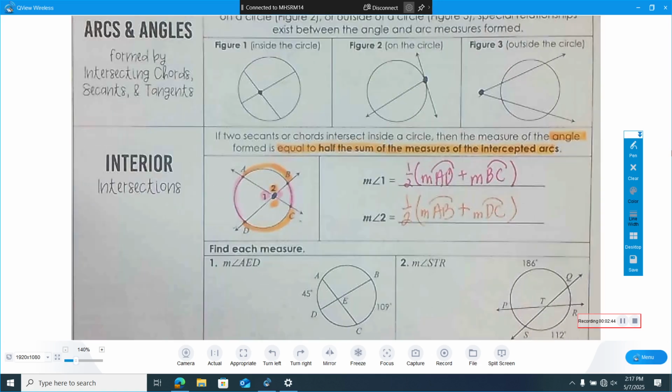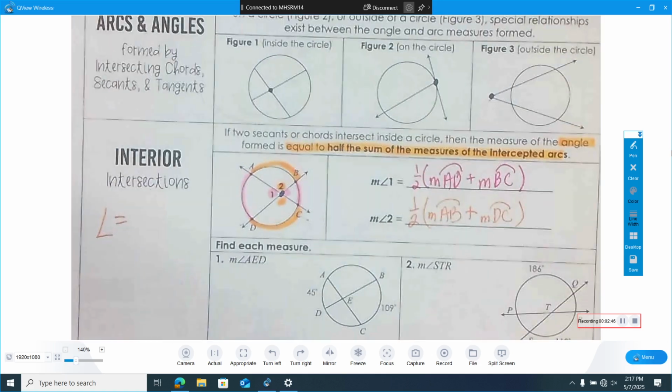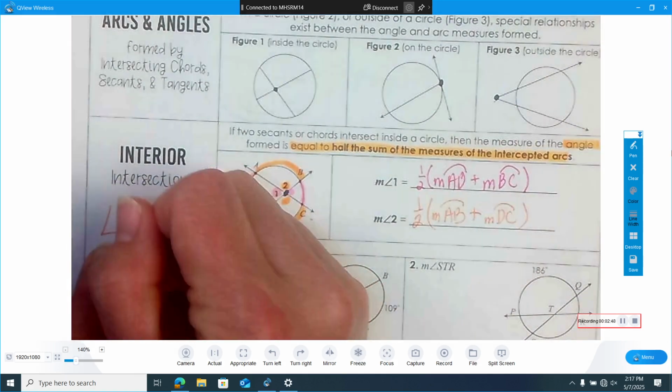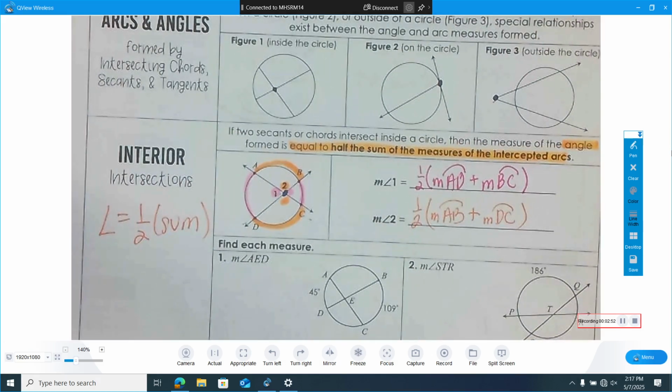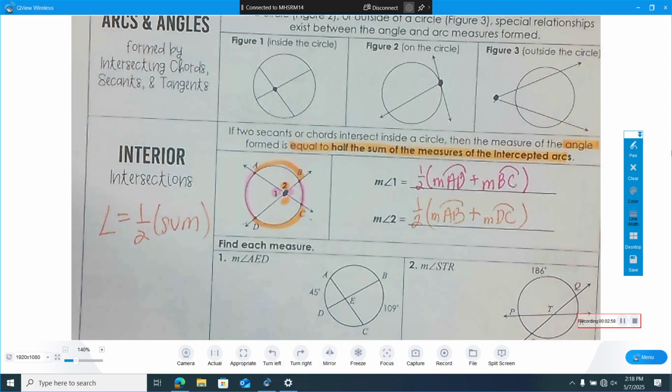That's all very formal, but really I think it's easier to just think the angle is half the sum of the arcs. And if you can remember the angle is half the sum, then this becomes a very easy little equation to write down.